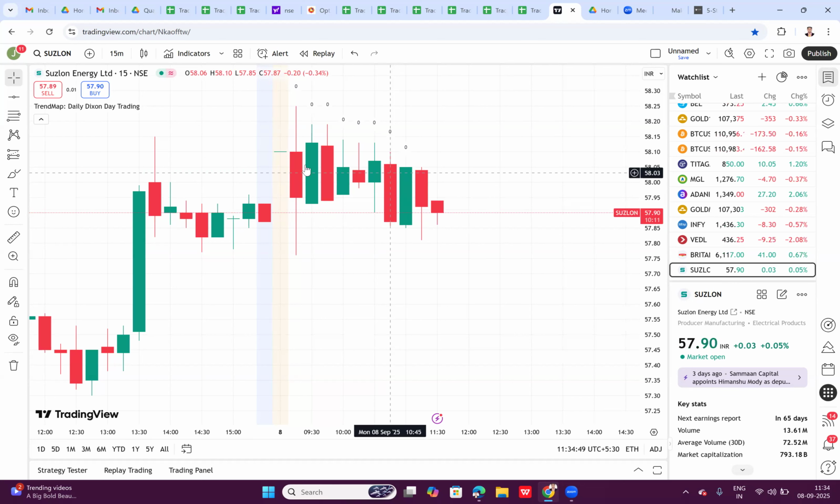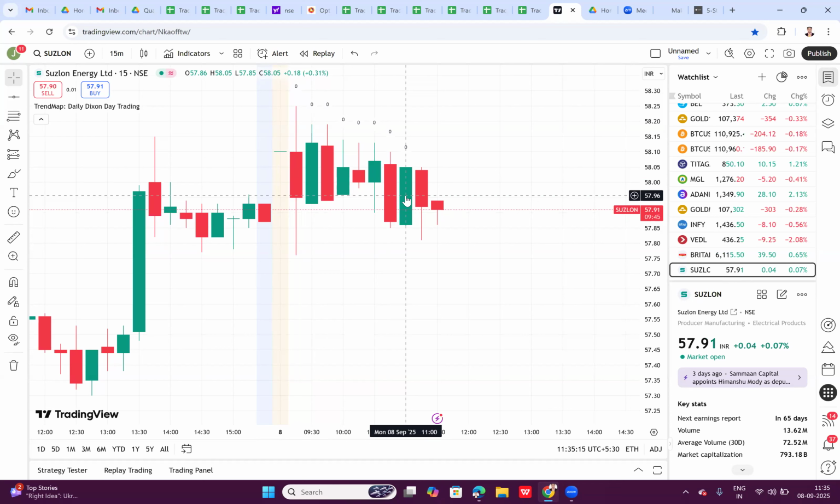So today, out of the first 8 candles, entry is not available on any two candles. So trade is not available until 11:15, till the close of the 11 a.m. candle we have checked, but till completion of first 8 candles we don't have any trade in Suzlon. So trade is not available today in Suzlon.